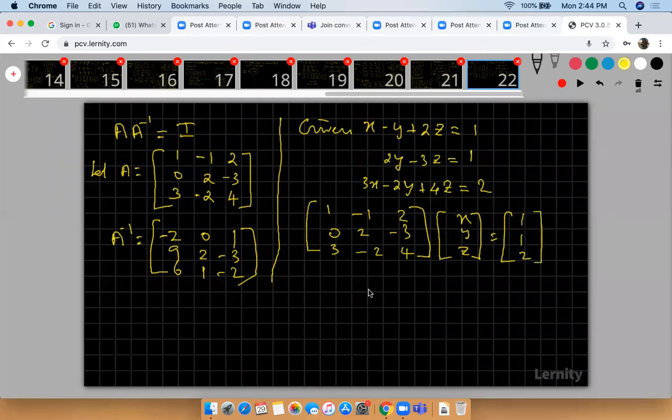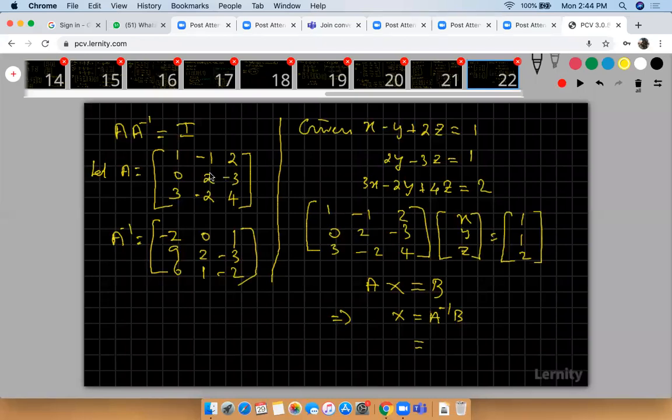Take this as A, this unknown matrix as X, and the right hand side as B. Pre-multiplying A inverse on both sides and simplifying, you will get X is equal to A inverse into B. Now look at that, both the A's are the same.